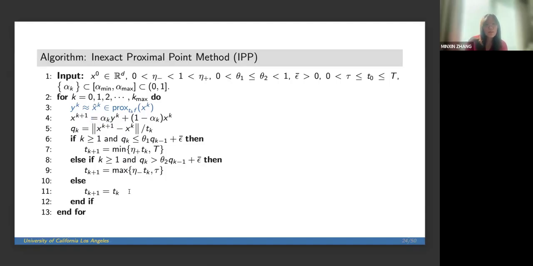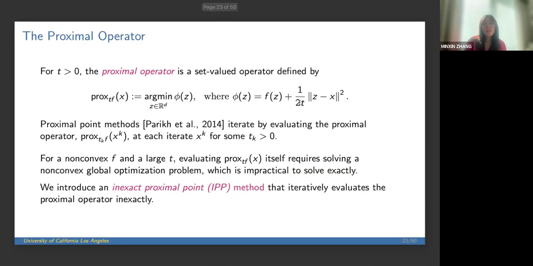Once we update xk to xk plus 1, we look at a quantity called qk. If qk is small, then we increase tk. If tk is increased, meaning that we put less weight on this quadratic regularization term, we are encouraging the algorithm to do more global exploration.